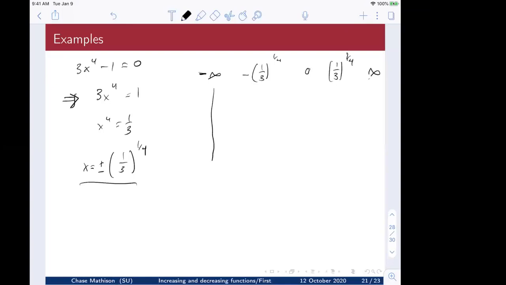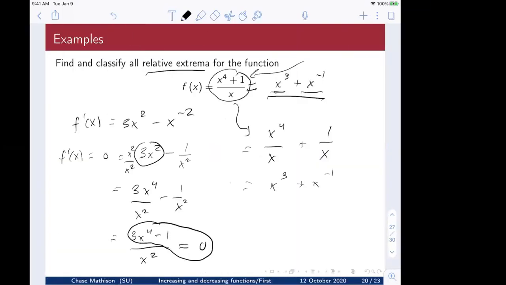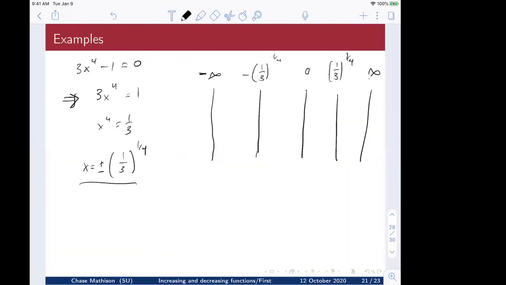All right, so f prime is equal to 3x to the 4th minus 1, divided by x squared.